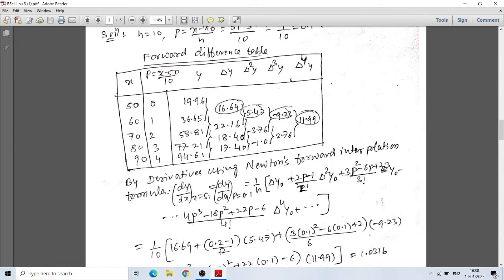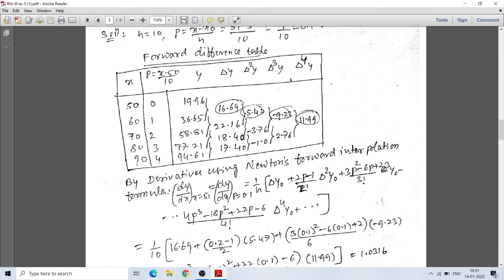By using Newton's forward interpolation formula for the derivatives, I will write the first one, dy by dx at x is equal to 51, where p is equal to 0.1. It is 1 over h, delta y naught, plus 2p minus 1 by 2 factorial delta square y naught, plus 3p square minus 6p plus 2 by 3 factorial delta cube y naught, and so on, then 4p cube minus 18p square plus 22p minus 6 by 4 factorial delta to the power of 4 y naught.